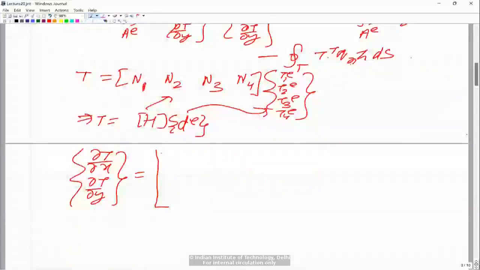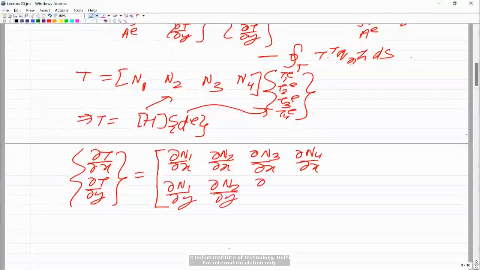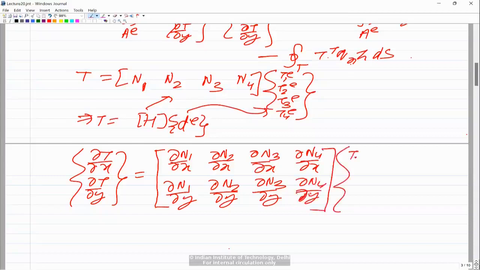Then we can write these temperature gradients as del N1 by del x, del N2 by del x, del N3 by del x, and del N4 by del x, and similarly the y derivatives, del N1 by del y, del N2 by del y, del N3 by del y, and del N4 by del y, into the temperature values at the node points, T1e, T2e, T3e, and T4e.